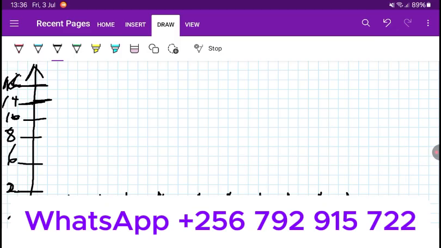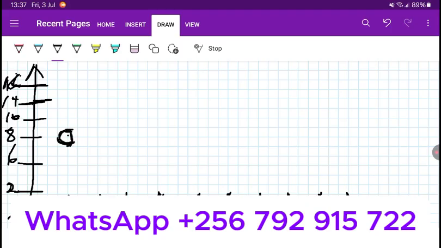Then we start plotting. Of course, the first one we plot 55 with the coordinates that we had to plot, 55 with 8. So I move 55 with 8, it's around here. We put a point, then we do a circle.